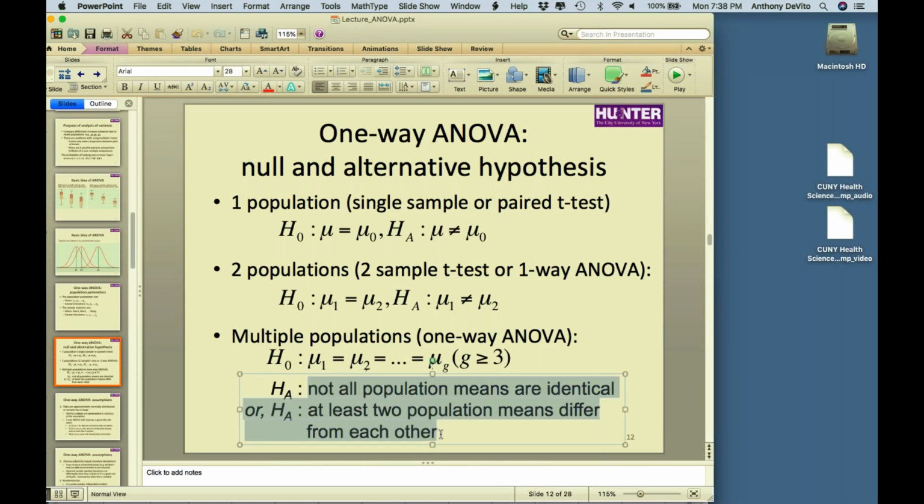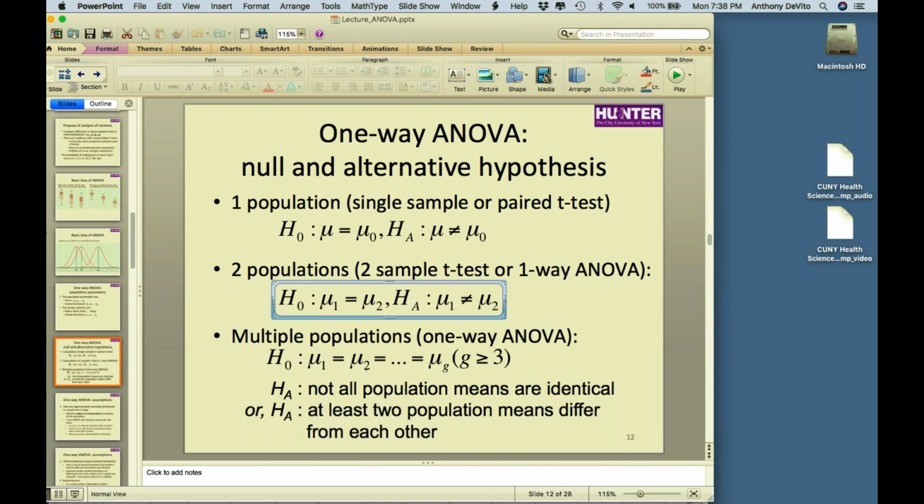Our alternative hypothesis is that not all the population means are the same. Or you could phrase that another way: at least two population means are different from one another. That's different from the way we would phrase our alternative hypothesis when we're dealing with two populations.